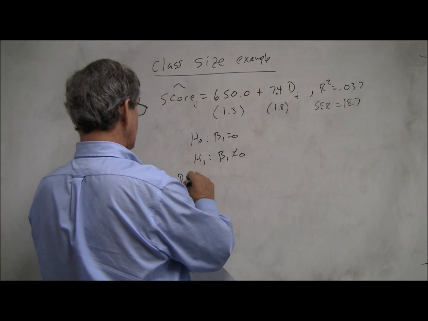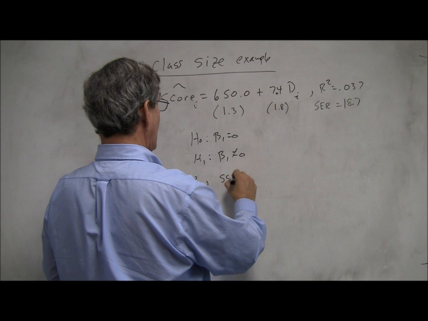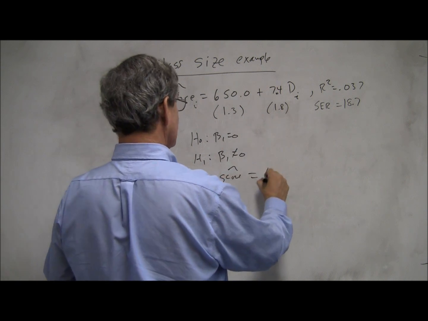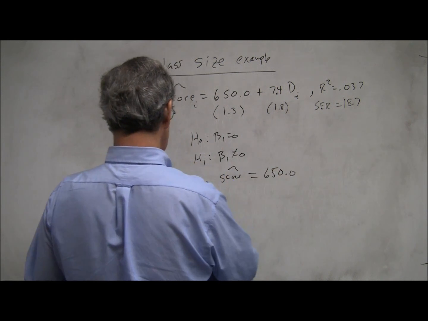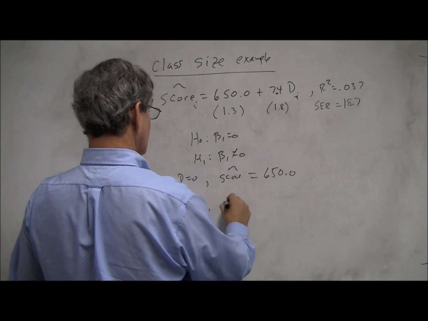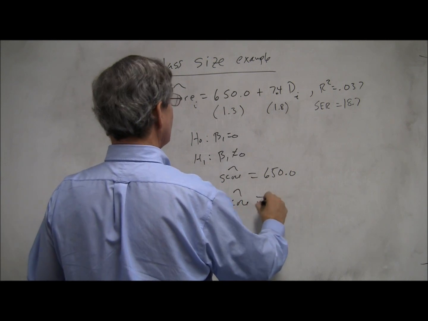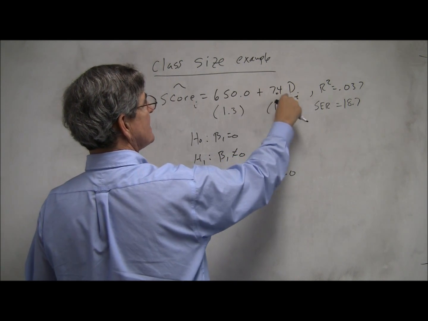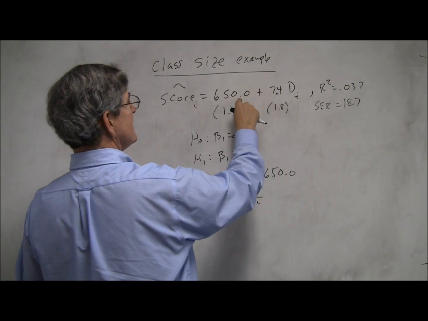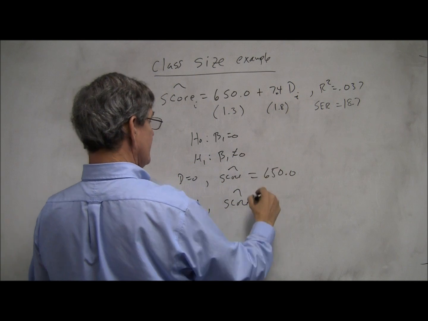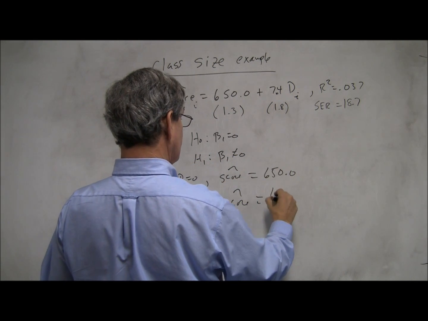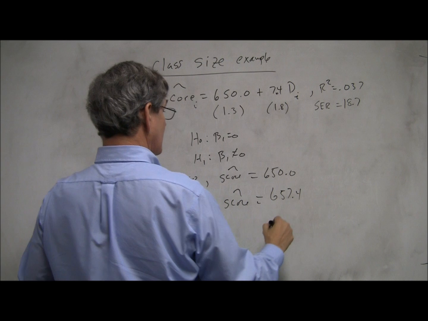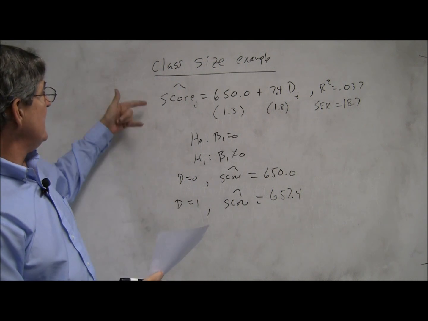When D equals 0, the average test score is 650. When D equals 1, the predicted test score, the average across these districts, is just this plus this times 1. In the first case, it's this plus this times 0. It's going to be 657.4.